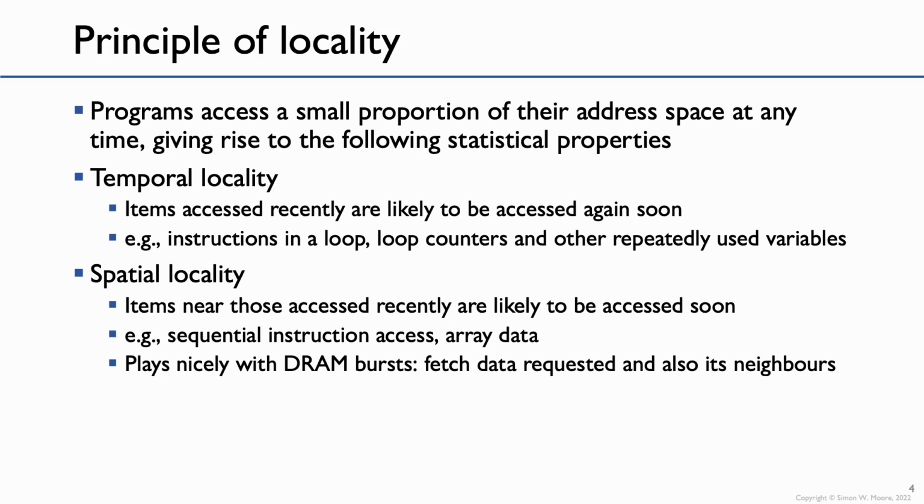Spatial locality tends to play quite nicely with DRAM bursts and the idea that we need to fetch chunks of data into memory. In other words, if we need to go to DRAM to fetch some word of data, then we will fetch all of its neighbours in one burst, because it's quite likely that the program is going to read the neighbouring data anyway, and we'll get efficiency because one burst gives us a big chunk of data.